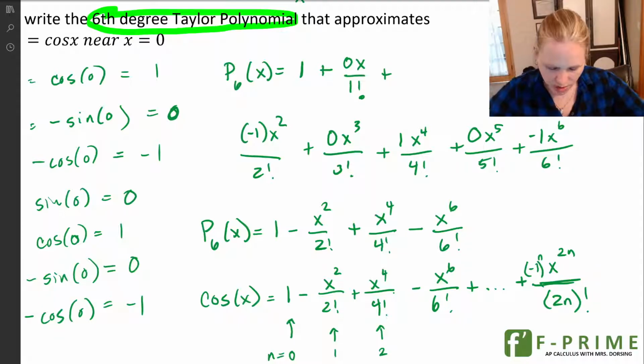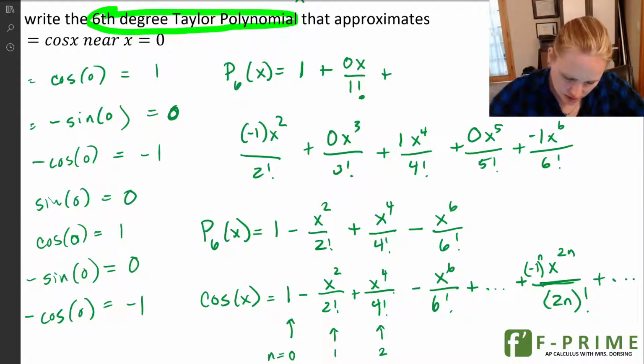So remember, we're skipping the odd terms because we made x to the 2n. That gives us our even powers. So that means when n is 1, I should have a negative. So negative 1 to the 1 power gives me my negative. So always check to make sure your signs line up. Plus dot dot dot. So that's my cosine.